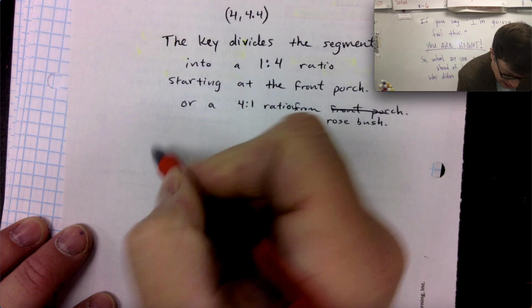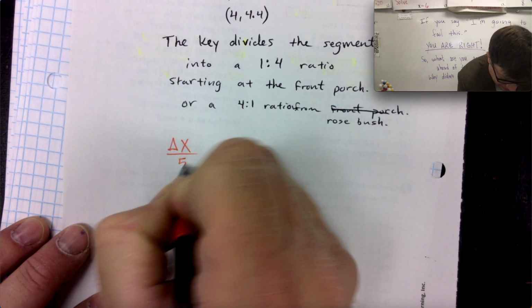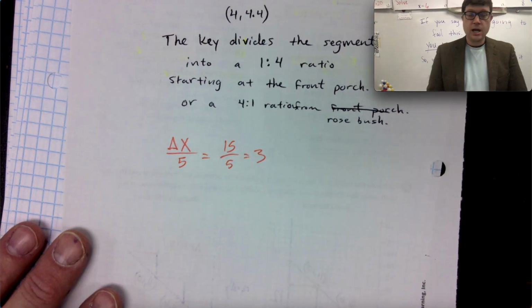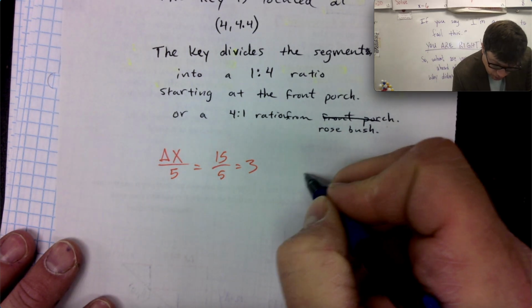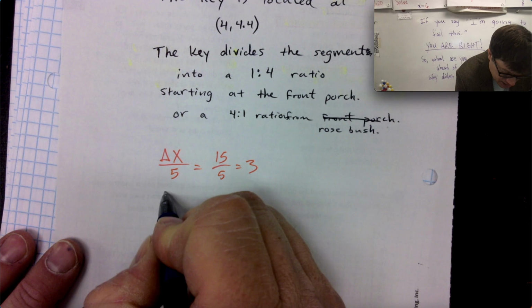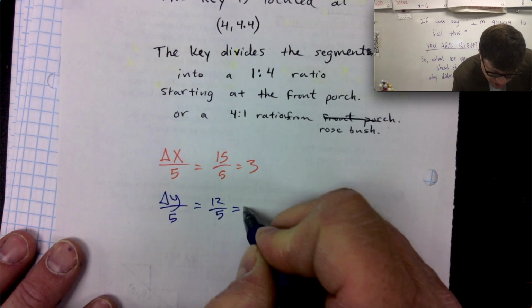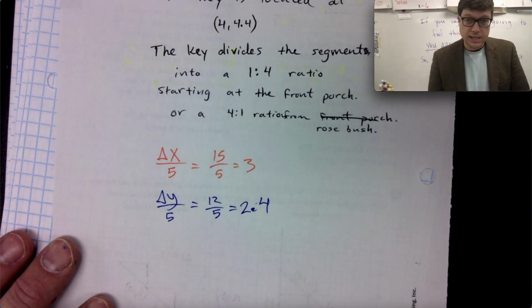So delta x divided by 5 is 15 over 5, and therefore that's 3. I need to do this with delta y as well. Delta y over 5 is 12 over 5, which is 2.4. I happen to have that one memorized from a previous question I asked in class the other day.